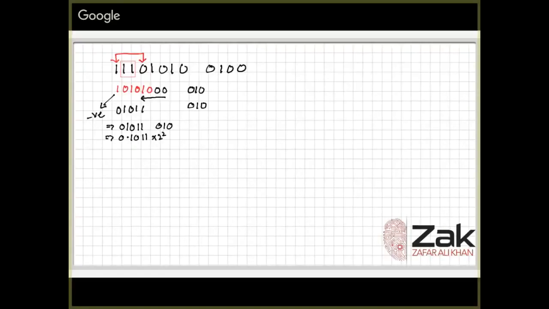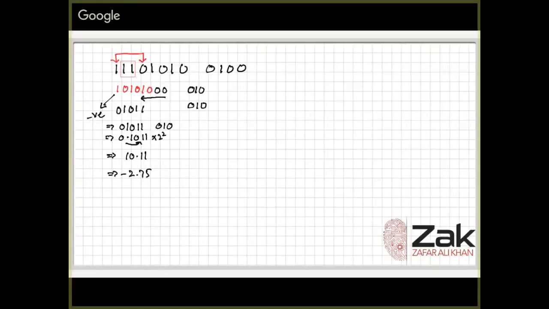We have to move the point 2 positions to the right. So this would become 10.11, and this would become 2.75, making it negative.